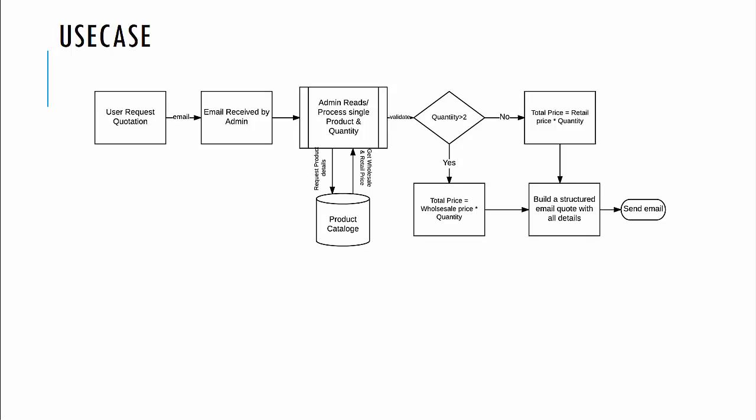If the quantity is less than 2, then the total price will be the retail price multiplied by the quantity. Then the admin should be able to send a structured email to the sender of the request.